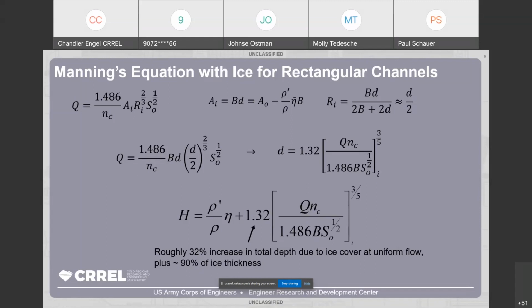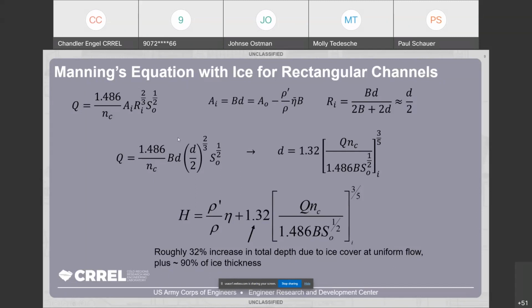So that's just a units correction. We do some substitutions using the definition of A sub I that we just defined, the flow area under the ice, and then the equation for R sub I that we already defined. So those all go into the equation on the top left there in substitution.